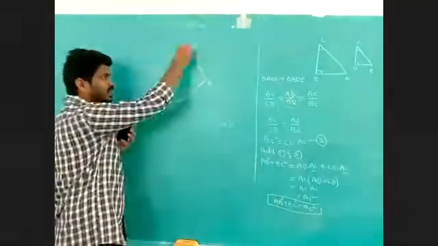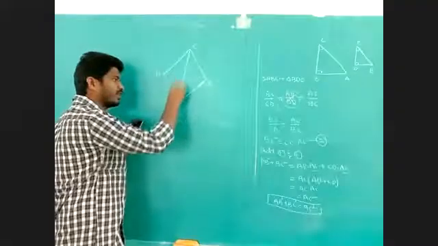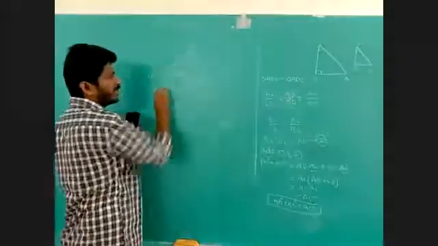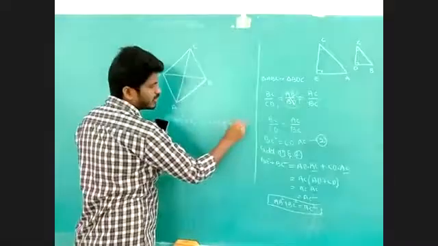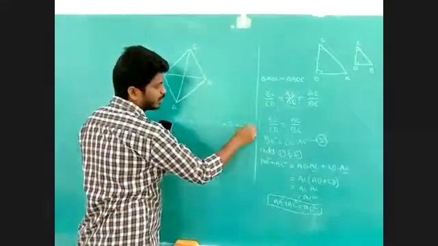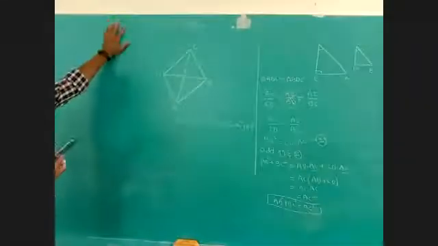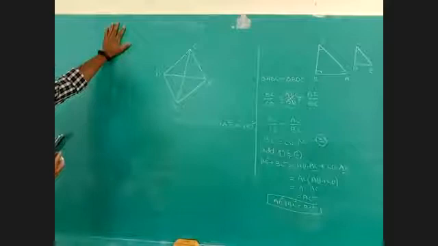What are the diagonals here? AC is the first diagonal and DB, or BD, is the second diagonal. Equal to AC square plus BD square. This is the required proof of the given question.